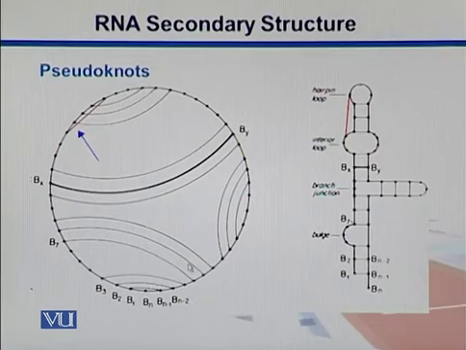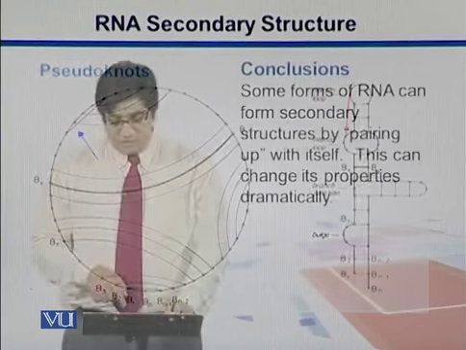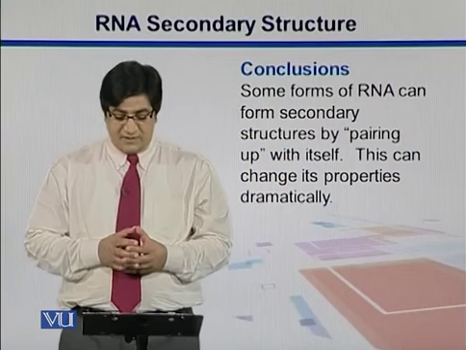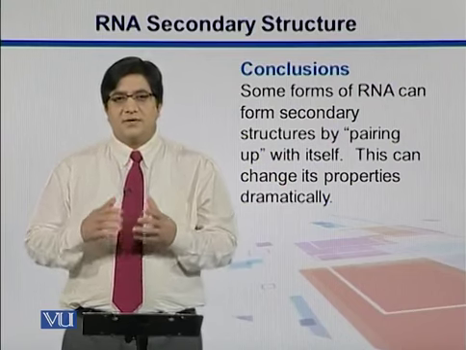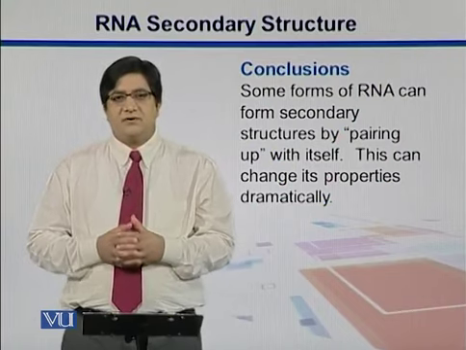We see the pseudoknot up there in the top part, and here we also see that this sequence starts with a base which we call B1, and it goes all the way and ends at Bn. That is also an important test, in order to make this circular arrangement: how you would arrange those start and end points. So we see that some forms of RNA can form secondary structures by pairing with themselves or by folding on themselves.